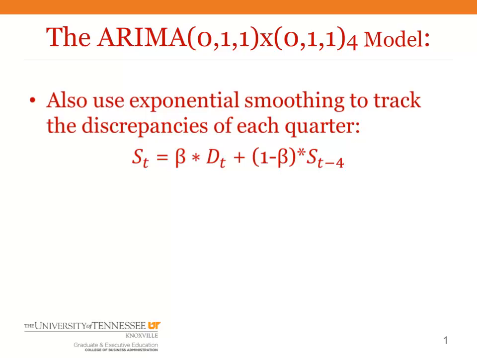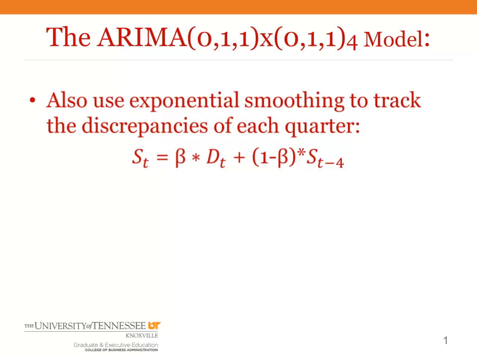Okay, there are 2 important things that you want to get from this slide. The first is at the top. Notice that the second triplet of descriptors there for this model have changed. It's now a 0, 1, 1 associated with the seasonal part of the model.